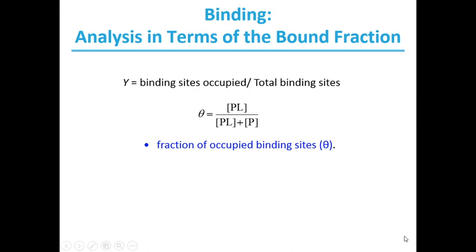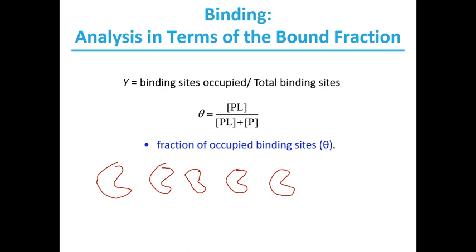Let's say we have 5 proteins in solution in a test tube. All 5 proteins have binding sites. Now, if 2 of these binding sites are occupied and 3 are not occupied, what is the fraction of binding sites that are occupied?